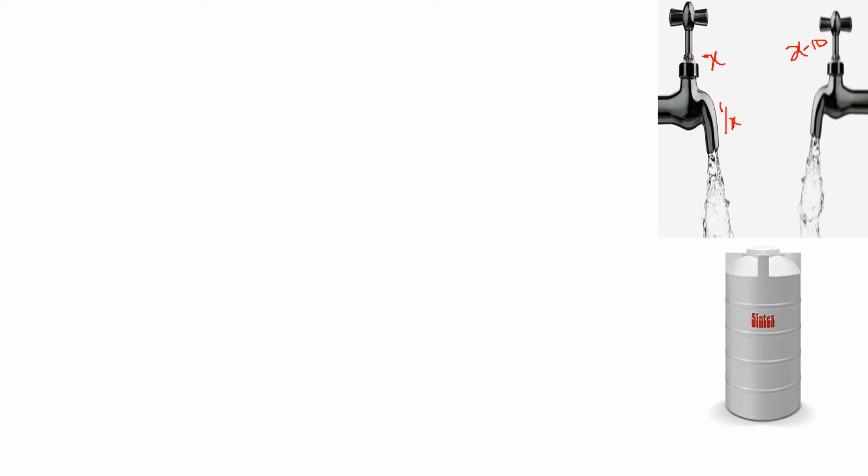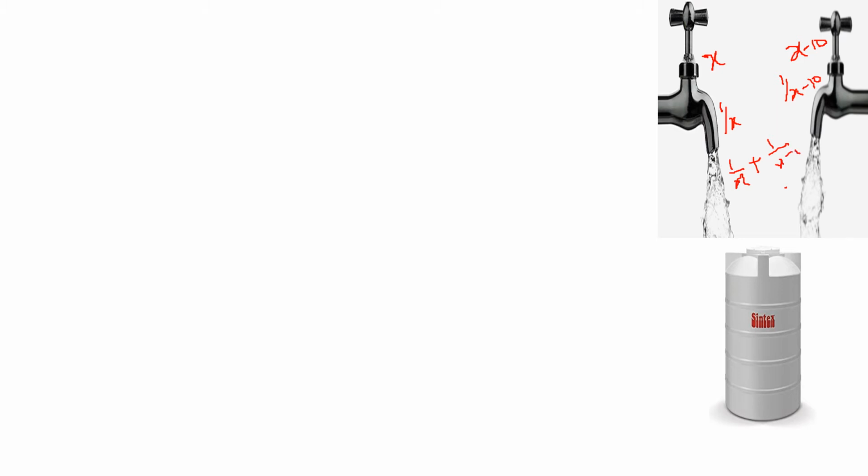Similarly, the portion of the tank filled by the larger tap in 1 hour will be equal to 1 upon x minus 10. Now, the total amount of water filled in 1 hour by these two taps will be equal to 1 upon x plus 1 upon x minus 10.